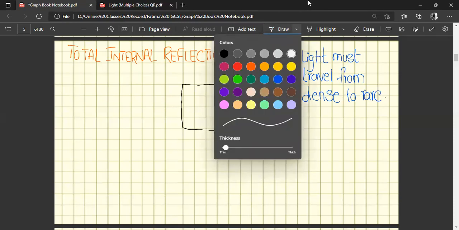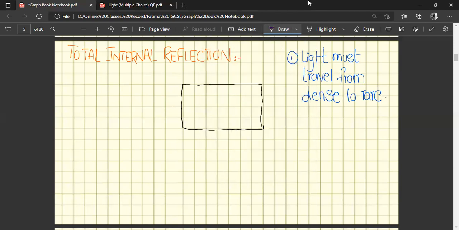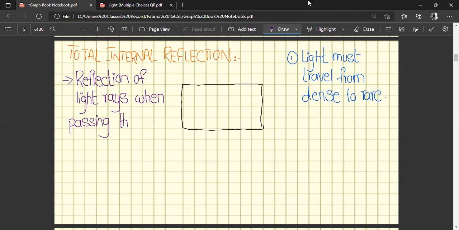And if we describe what total internal reflection is, we can write: reflection of light waves when passing from a transparent medium.